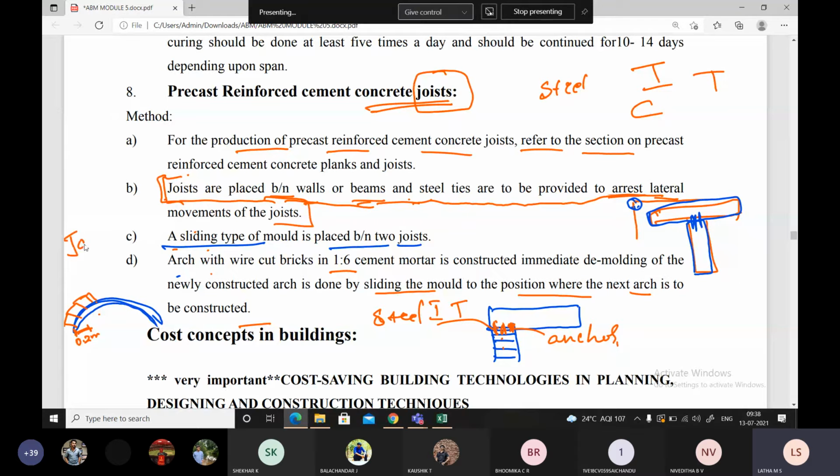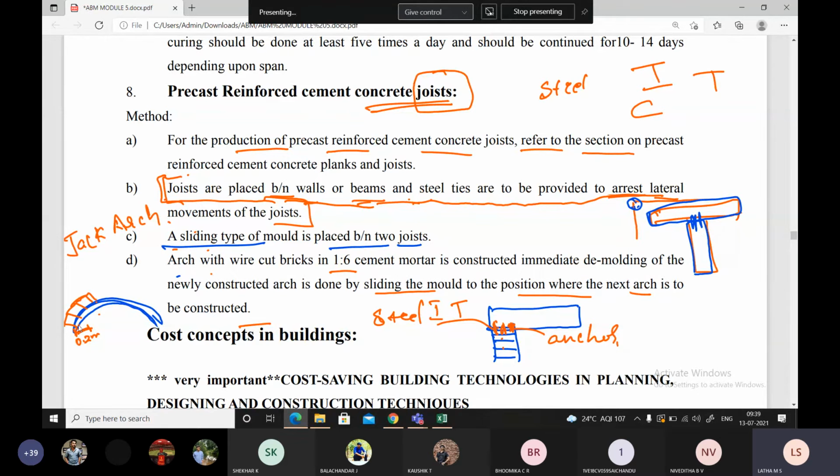Something like a jack arch roof. This jack arch roof on which I'll be constructing the arch will be a formwork for the construction of the arch. Once the construction is over, students, I'll be moving for the next construction of the arch. When I'm moving it, all the bricks will be intact.